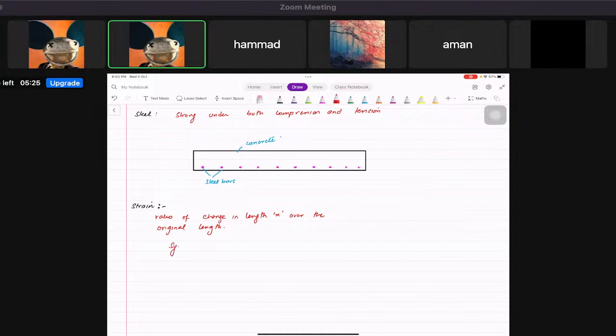The symbol of strain is small e, and the SI units are basically none, because it's just a ratio, so meter over meter or centimeter over centimeter just cancels out. The formula for strain is that strain is equal to x upon L. Okay. Sometimes the strain is also given in percentage. So percentage strain would mean x upon L times 100%.